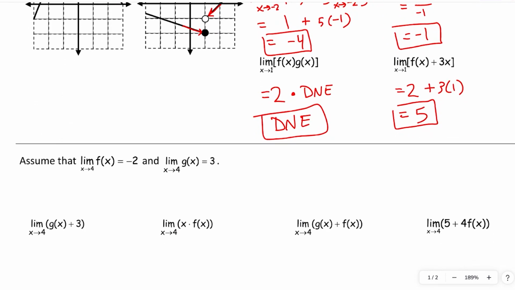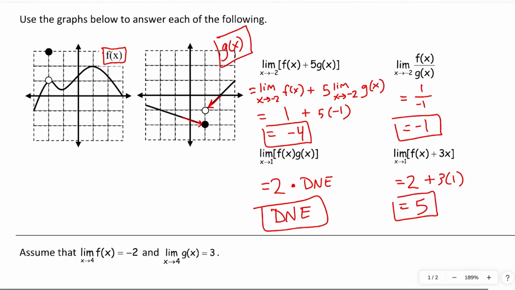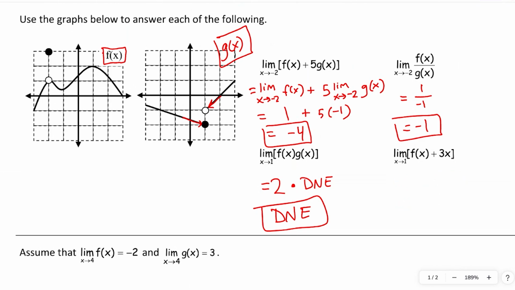The last one? Okay, sure. Let me show more work to clear that up a little bit. If we use that sum property, we can split up the limit statement and say the limit as x approaches 1 of f of x plus the limit of 3x. Actually, we can evaluate this without even splitting it up.